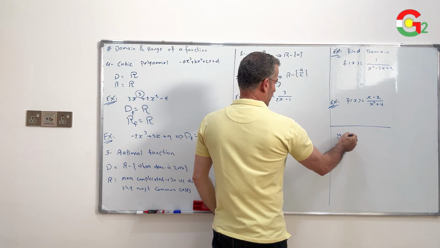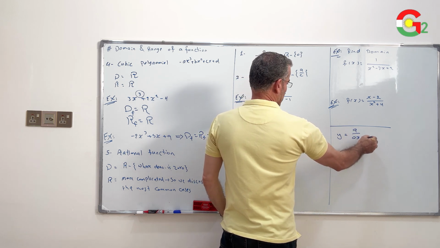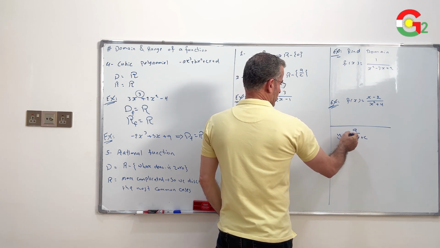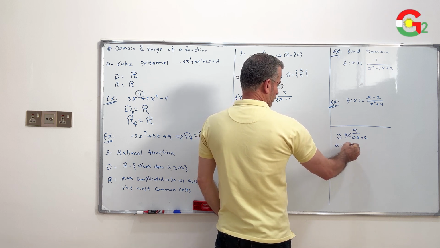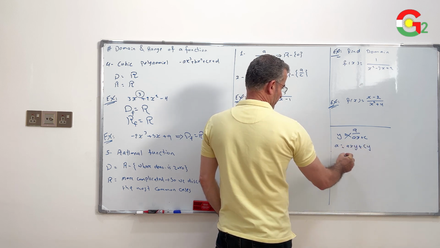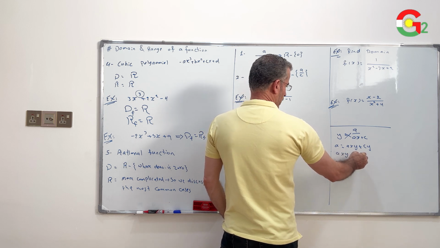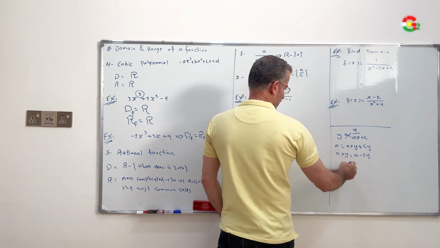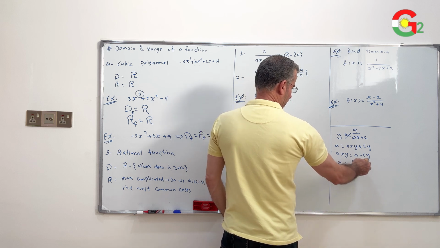If I set y equal to a over ax plus c and solve this equation to find x, then a equals axy plus cy. Then axy equals a minus cy. Then x equals a minus cy over ay.